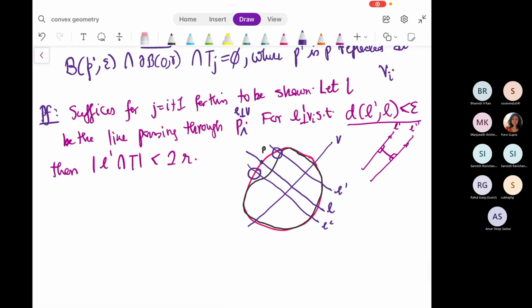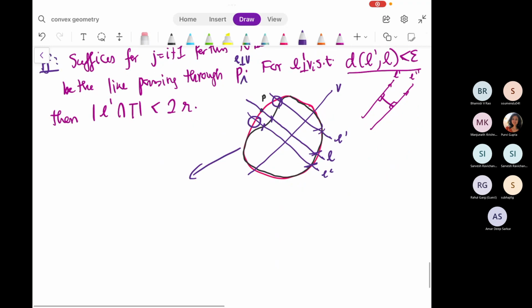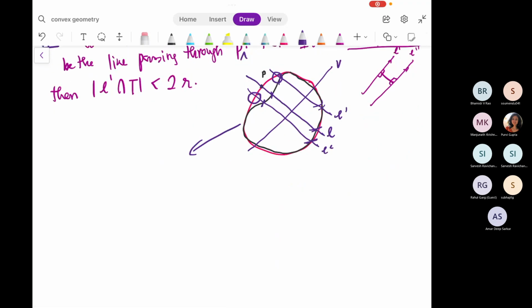So what will happen in the symmetrization is that because the length of that particular line segment or that particular intersection is less than 2r, even the length of that particular intersection will be less than 2r. So you have, let's say, V here, and you will get line segments of length less than 2r.